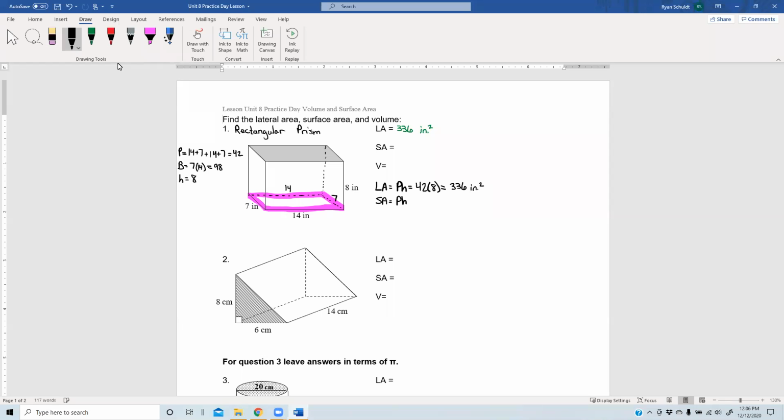Remember, that's pH plus 2B. So P we said was 42, H was 8, and then B was 98. We add all that together, we get 532 inches squared. So total surface area is 532 inches squared.